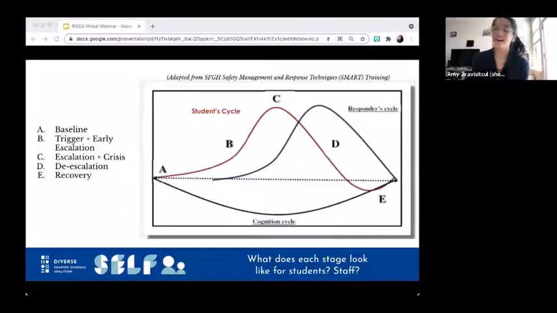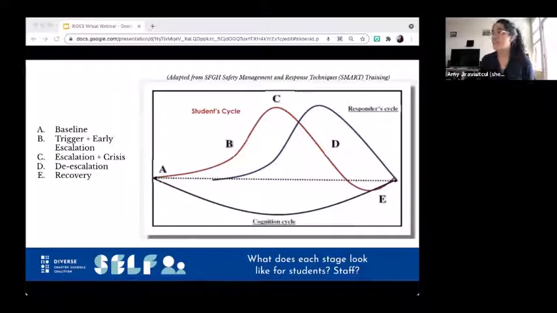And what I have here is this chart outlining the cognition cycle. So this shows what happens along this red curve when a student is experiencing a crisis or a trauma response. At point A, they might be at baseline, focused on task, engaged in independent work or group work, following directions. Then a trigger happens at point B, followed by an early escalation. Some examples of triggers are unstructured activities like lunch, transitioning from recess back into class, or an interaction with a particular staff member or peer that might be challenging.